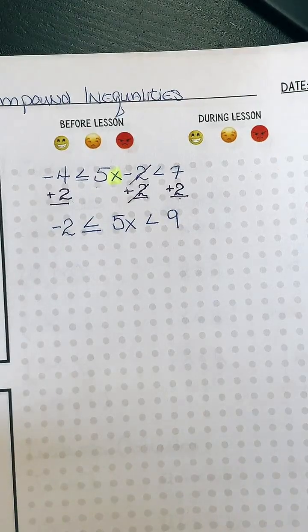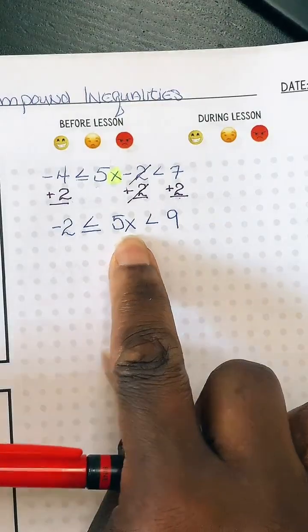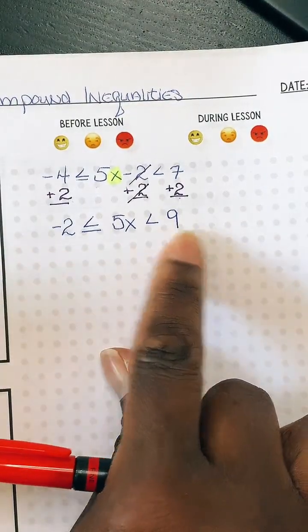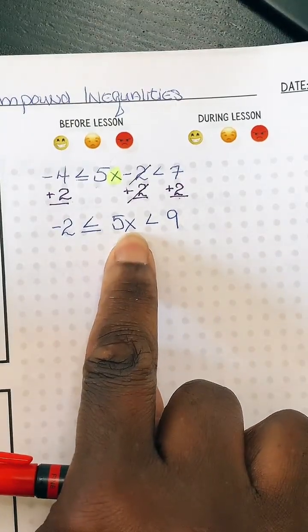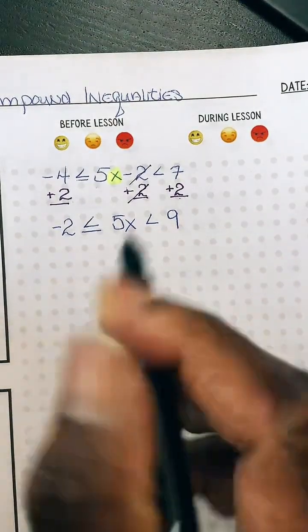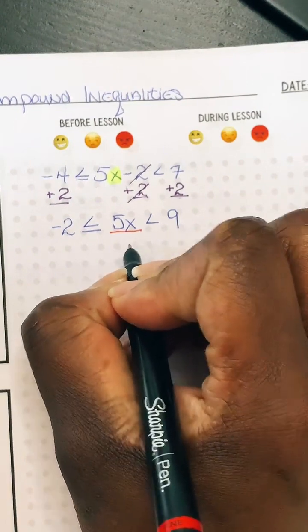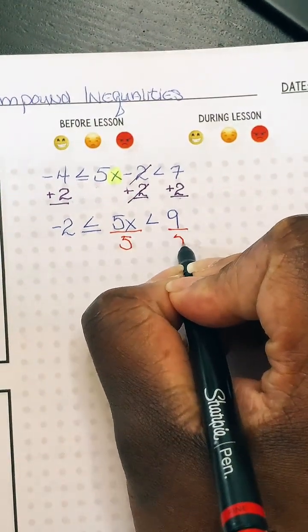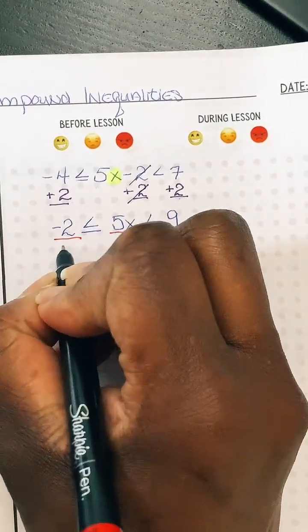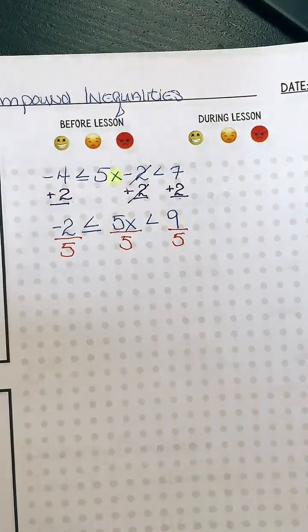All right. So what we're going to do is we're working from the inside out. So since it's a positive 5 and it's x, 5x means multiplication. The opposite of multiplication is division. So we're going to divide the middle and the two ends by 5.